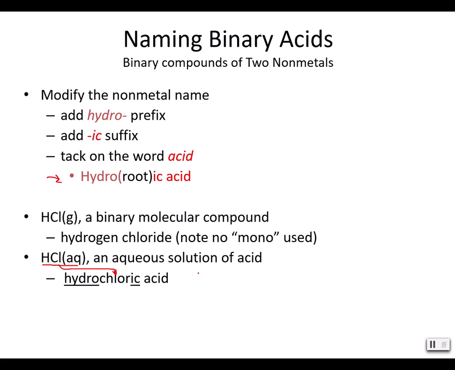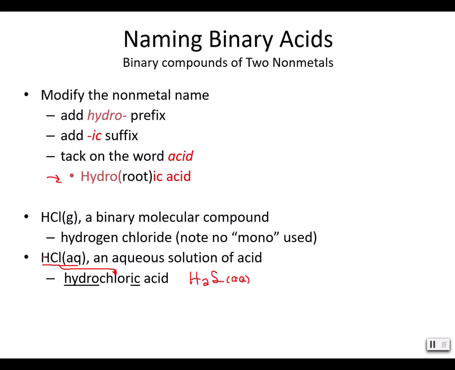If I had, let's say, H2S aqueous, and I asked you to name that molecule. You see the hydrogen there? You see the AQ? So it must be an acid, and it's a binary acid, just the hydrogen and the sulfur. So the name of this molecule would be hydrosulfuric acid.